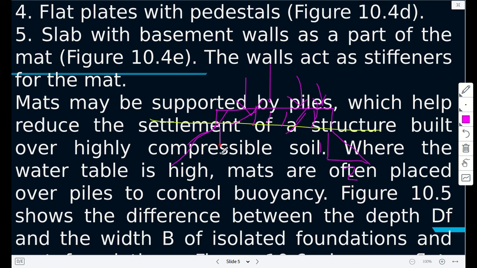The same idea here. So that is the function of stiffness, 2 to 1.